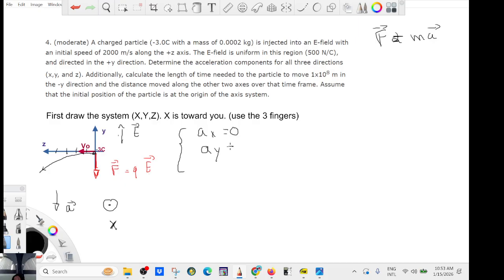The y component of the acceleration is the force, but it's negative, right? And the z equals 0. So it's going to be minus 3. Electric field is 500. And the mass.